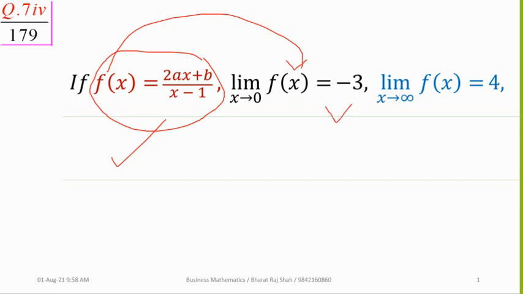And again, if you find the limiting value of the same function as x tends to infinity, then we will get the value 4.